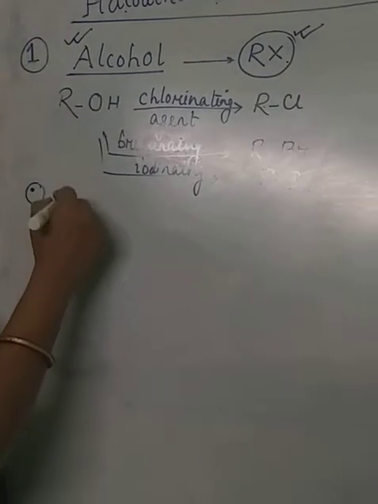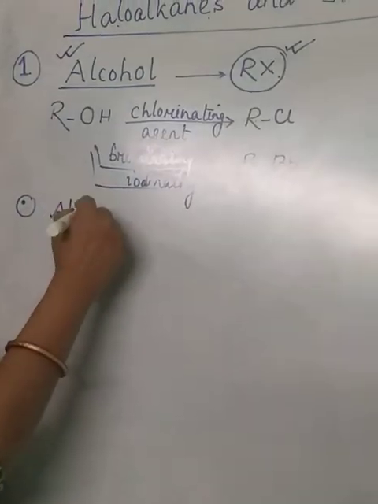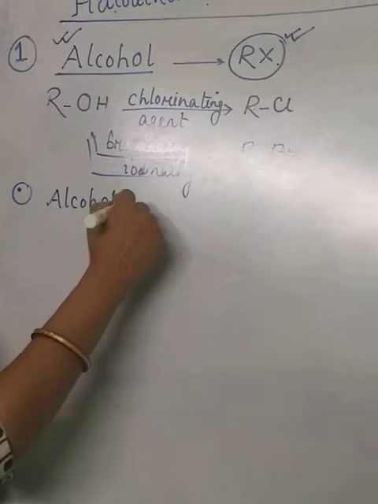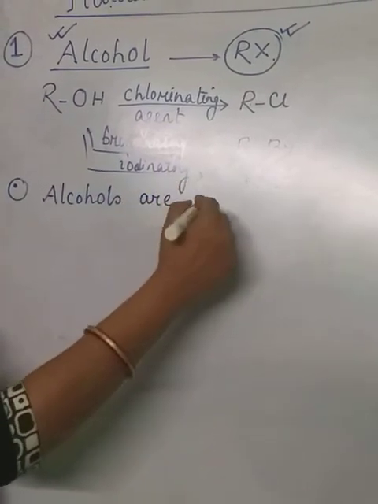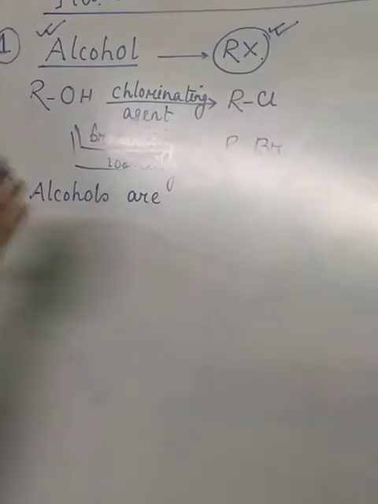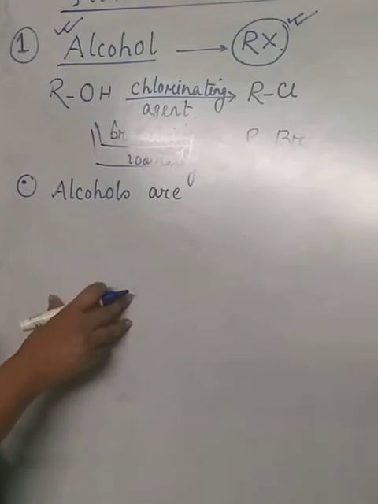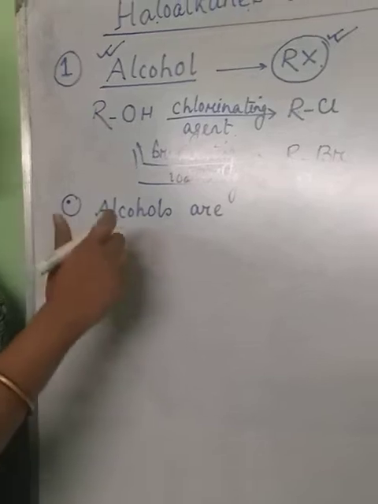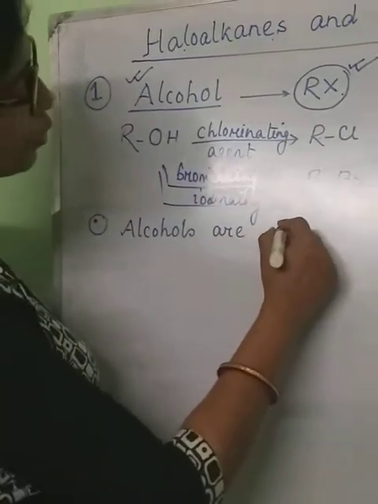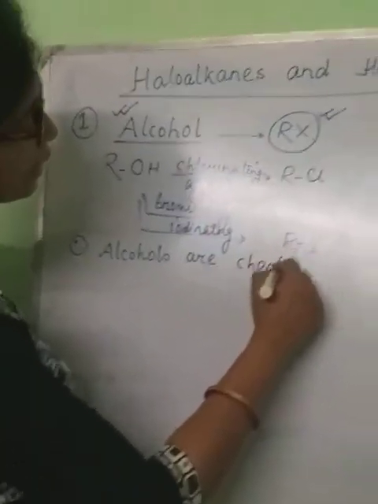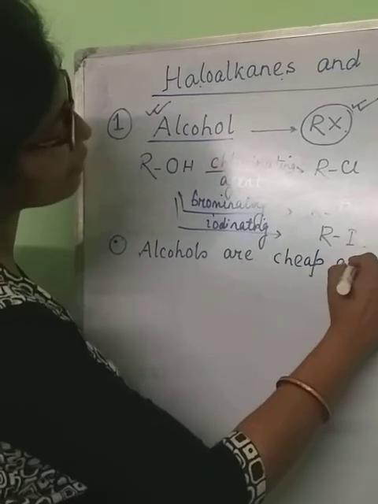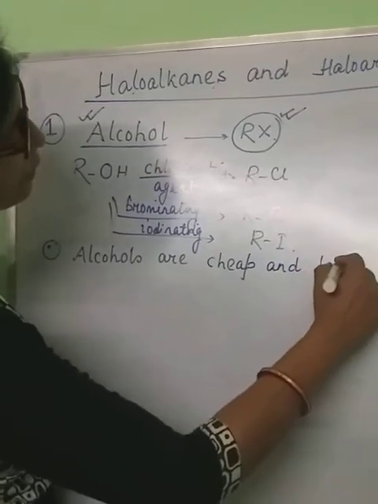It is that alcohols are easily accessible. This term easily accessible is a key word given in your NCERT. So it means that alcohols are relatively less expensive and largely available.